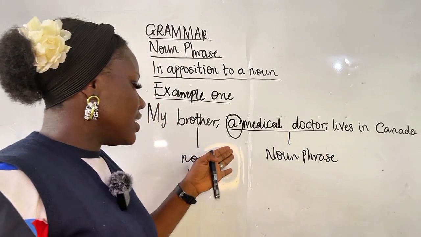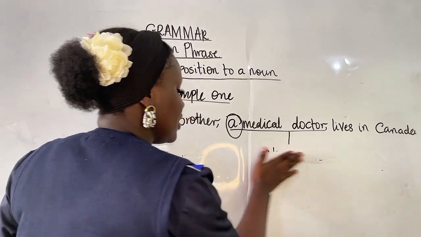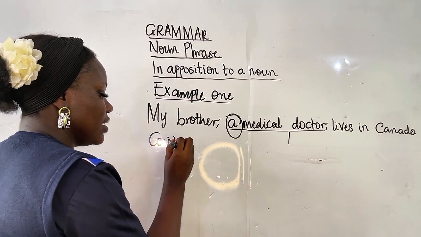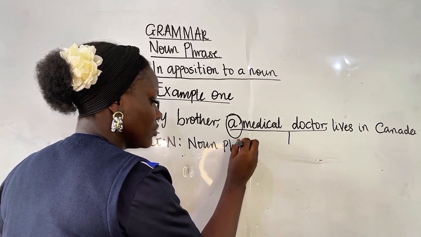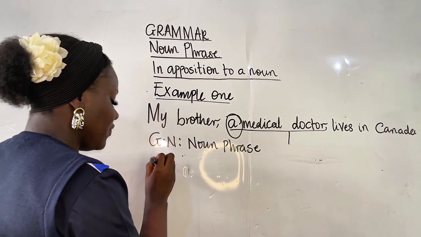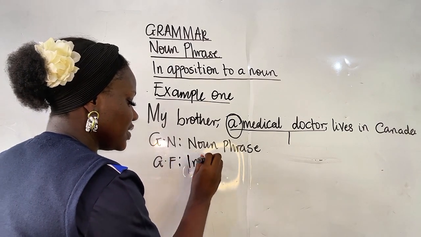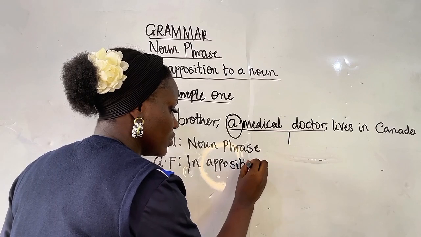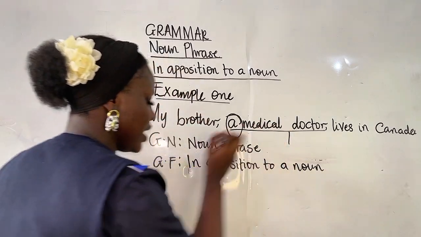Let us give the grammatical name and the grammatical function. The grammatical name is noun phrase. And the grammatical function is in apposition to a noun. In apposition to a noun. What is it doing there?